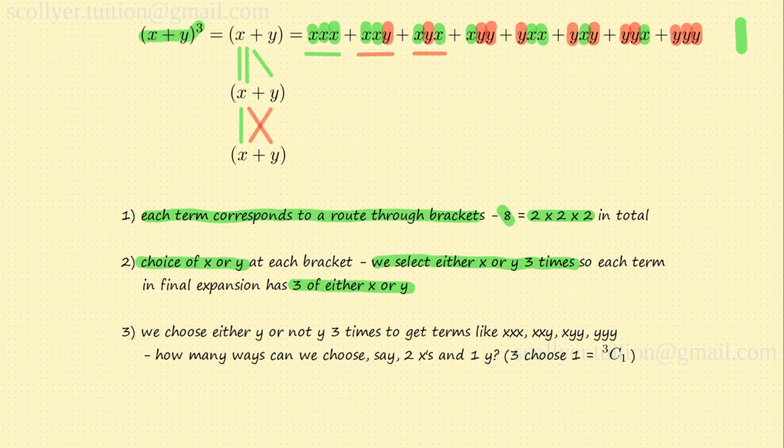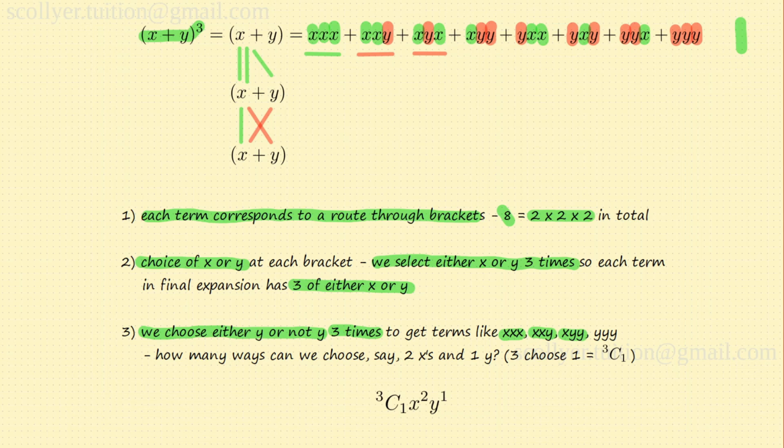And the third point, we choose either y or not y at each bracket, and since there are 3 brackets, we do that 3 times, which gives us terms like xxx if we don't choose y at any bracket, xxy if we choose y at 1 bracket, xyy if we choose y at 2 brackets, and so on.